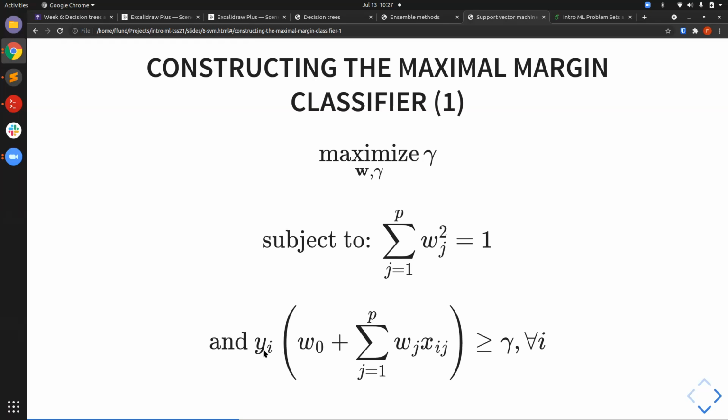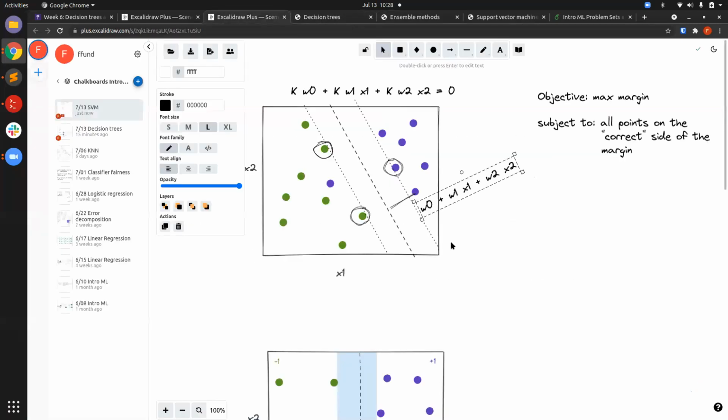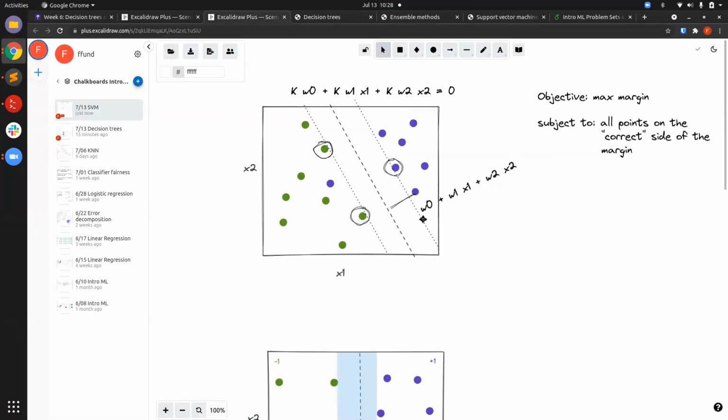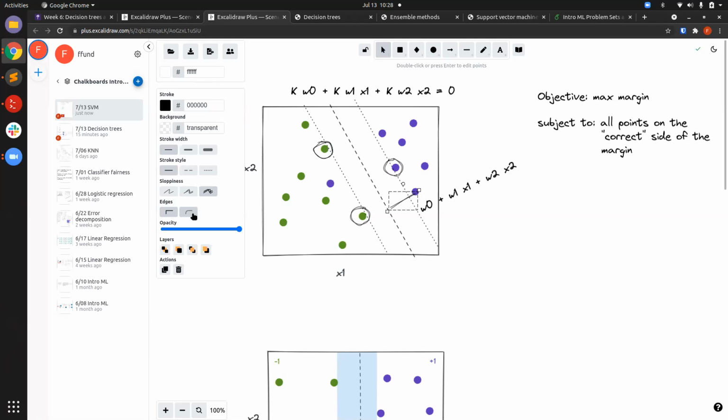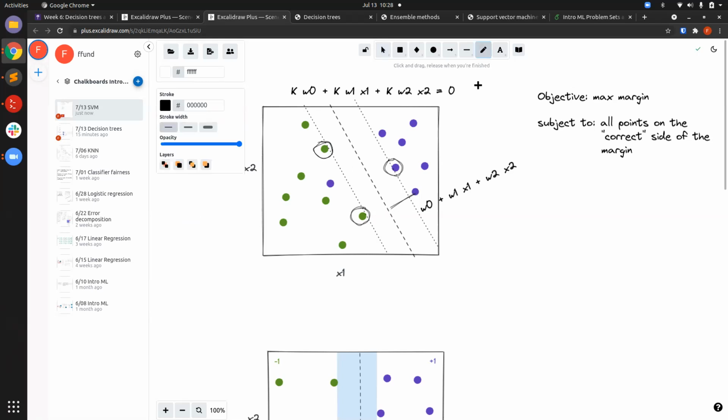Now, the y variable, which is the sign, the class, defines which side of the hyperplane it's on. So a positive sample will have this positive distance from the hyperplane. So it will go in this direction, which is a positive direction.